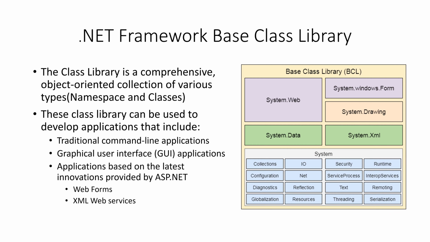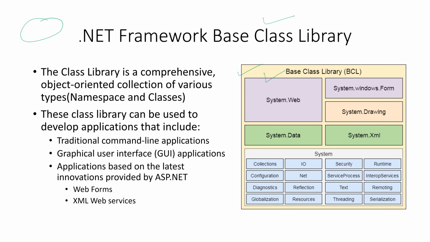Okay, so simply you can see here base class library is composed of different namespaces. Okay, so now you might be thinking what a namespace is. We will talk about it in our coming lectures. Okay, so at this time what I can say is namespace in simple words is combination of different classes.